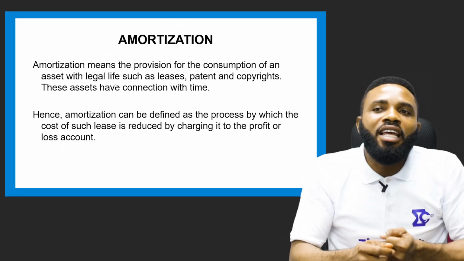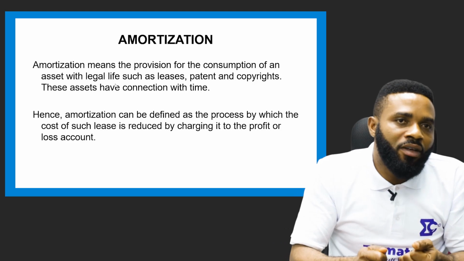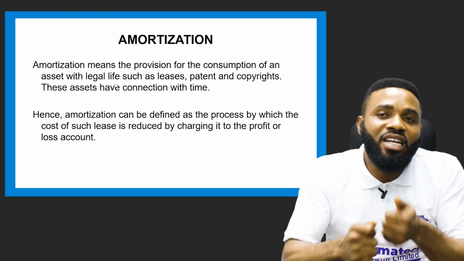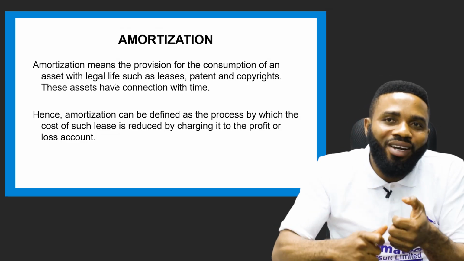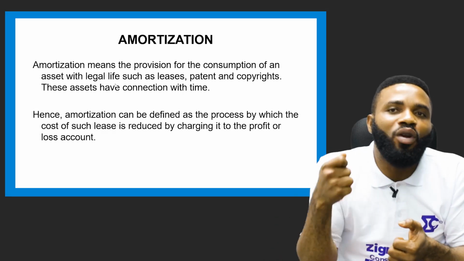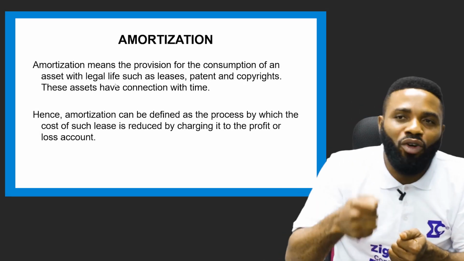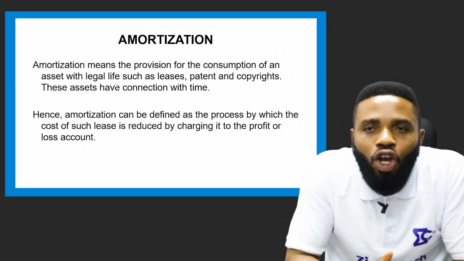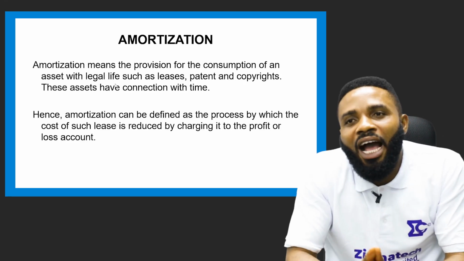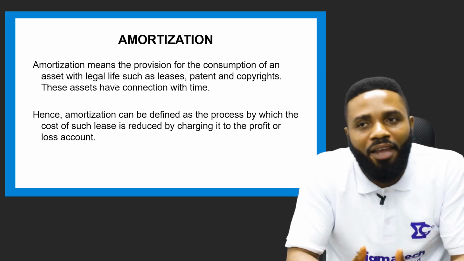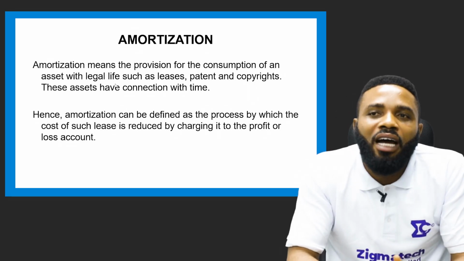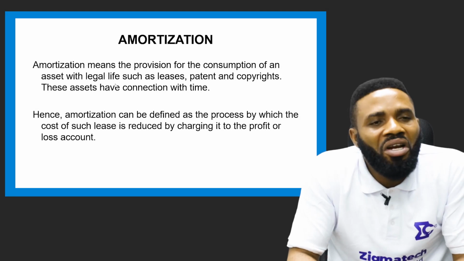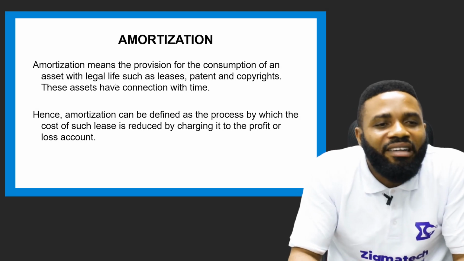So when they depreciate, they depreciate after some time. When they depreciate, the depreciation that's set into an intangible asset is what we call amortization. So we said it is related to what we call patent and copyright. They are assets that have connection with time. I have explained before that when you talk about lease, we're talking about items that are under rentage.